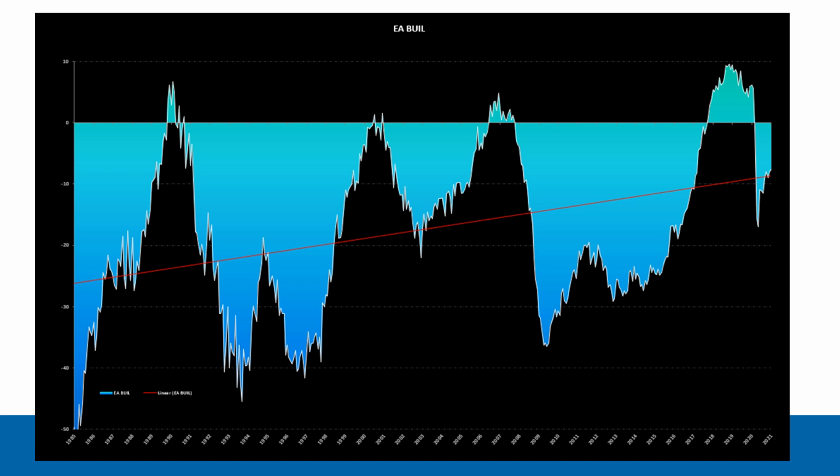We get small positive blips in the early 2000s, and in the late 80s. But for the vast majority of history, the survey respondents are pretty much bearish.